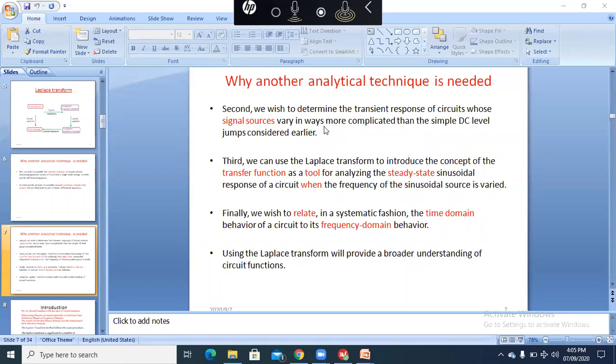As I said, when the signal sources are complicated or there is some variation in the frequency of the sinusoidal source, we want to consider the transient behavior and the steady state response of the circuit.